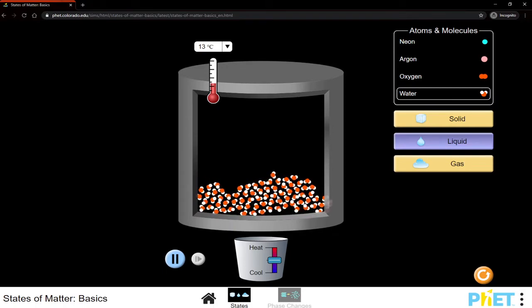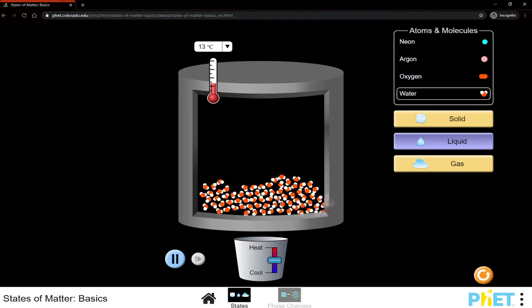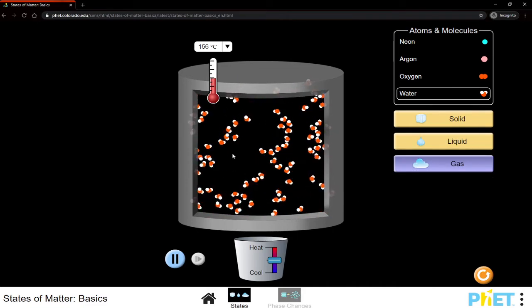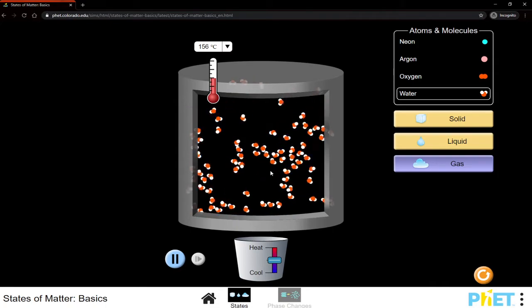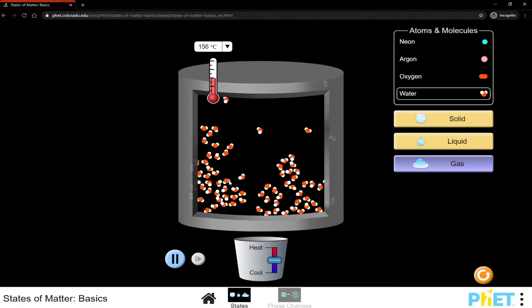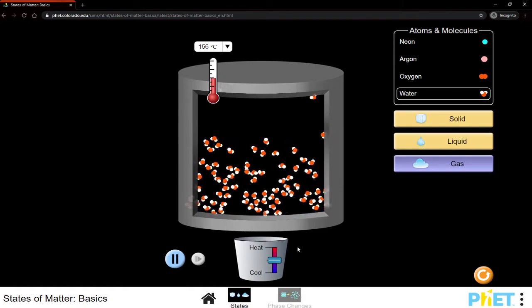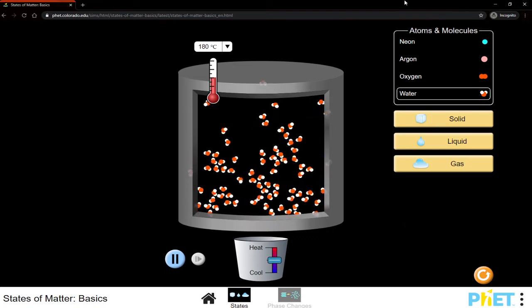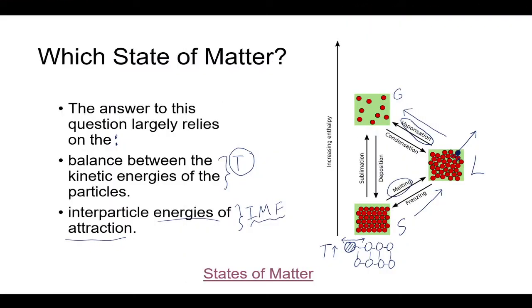We're dancing about, we're bumping into other things. And the gas is when we're more or less colliding off other water molecules. We might interact a little bit with another water molecule, but we pretty quickly then fly back apart as well.